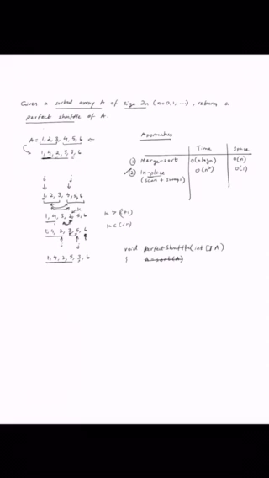Let's say I fix a variable called length, and say I set I as 0, j as length over 2.